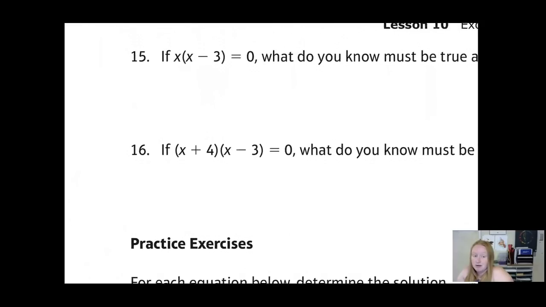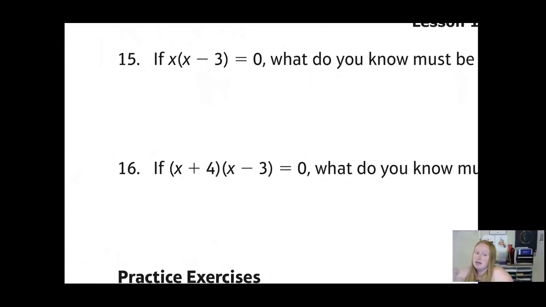Up here, they've added something else in. They say, if you know that x times x minus 3 equals 0, what do you know? Now we're freaking out because we don't really want to have to distribute this. That looks so scary. So I'm telling you that logic tells us, I'm quoting Hidden Figures, that if two things multiply together to get 0, then clearly one of the things has to be 0, or both of them.